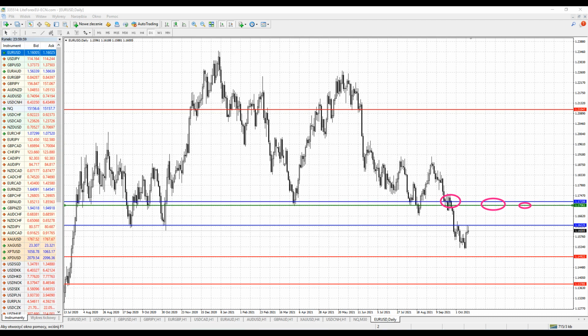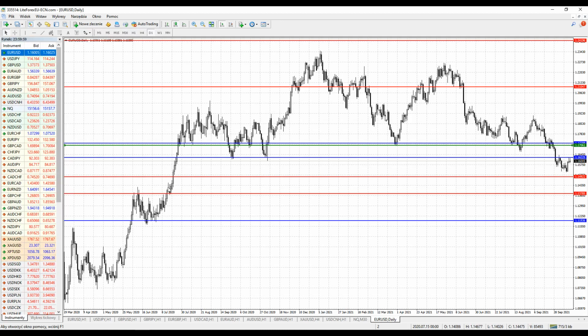When it comes to the demand zone to the downside, what are we looking for? We are looking for this breakout over here, right? So in that case, we are going to make this type of possible demand somewhere here.